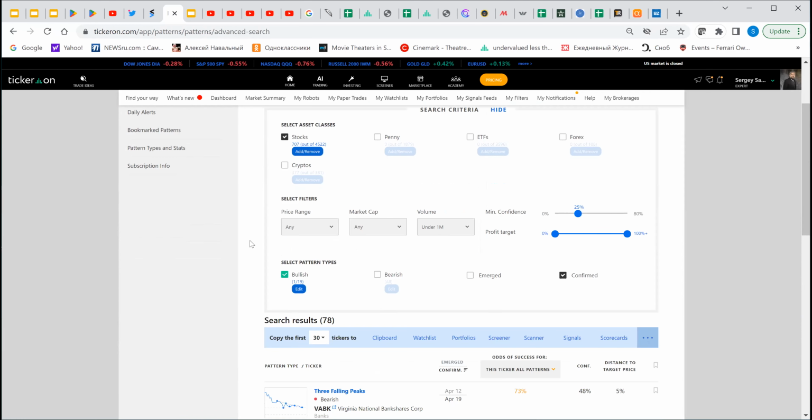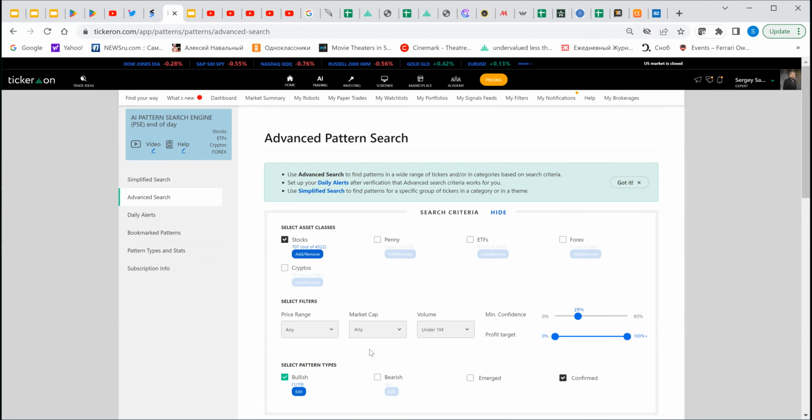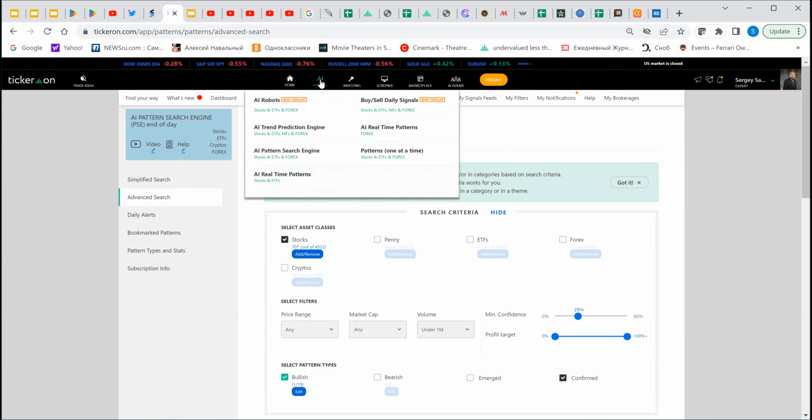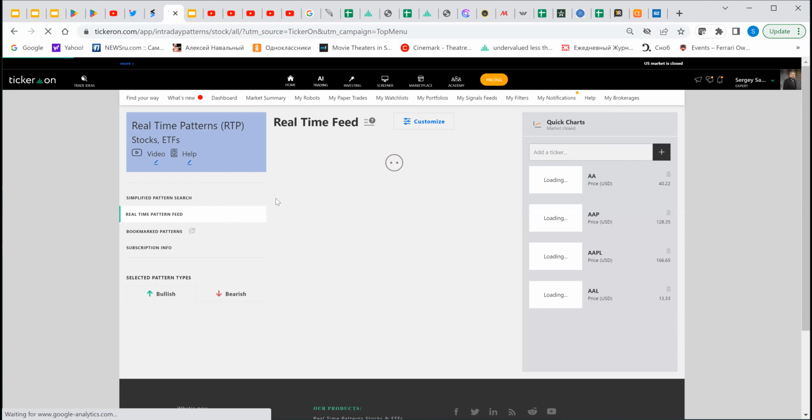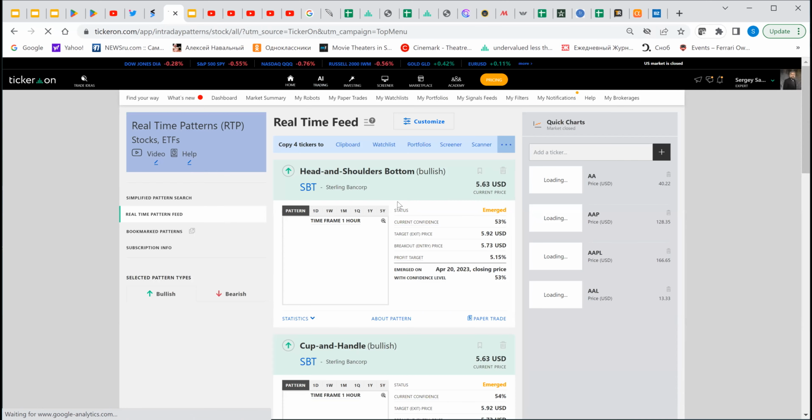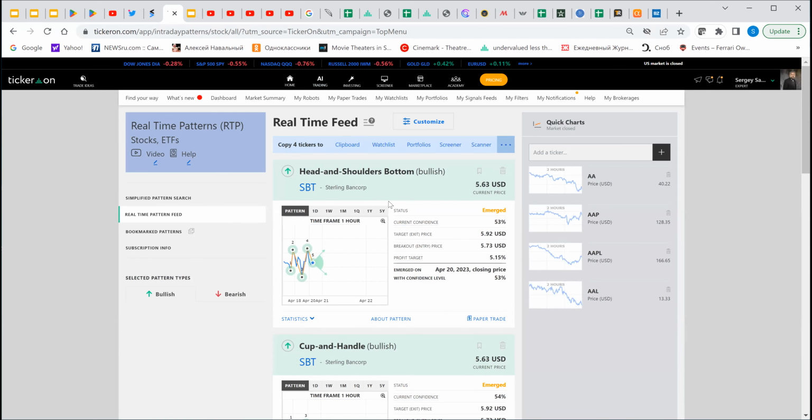If you subscribe to the ultimate solution, you can create your own robot right here in advanced search. You can take the same technology and go to the real-time patterns, where you already have a feed, because you really need to have a feed.